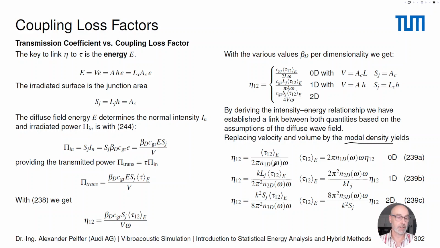So you will not find any volume here. You will find the modal density expressed using the geometry parameters. So now we have all sets of options of converting coupling loss factor to transmission coefficient for all the different dimensionality of the junctions. Good.